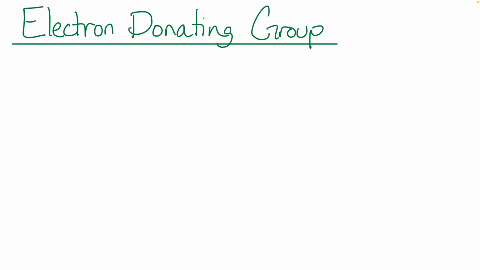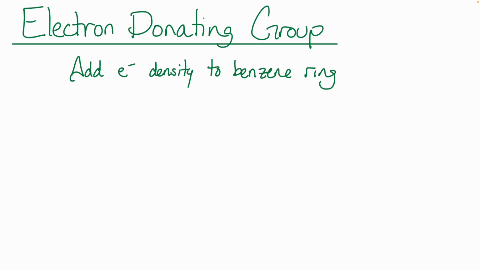All right, and what we're going to see are that these are groups that add electron density to that benzene ring. So if you're adding electron density to benzene, are you making it a better nucleophile or a worse nucleophile?